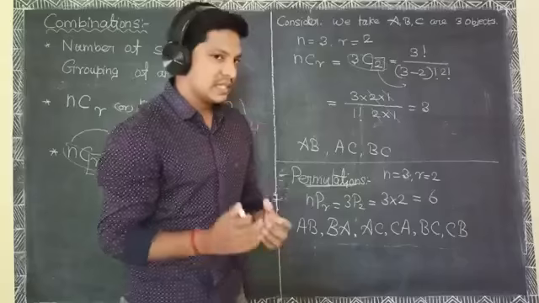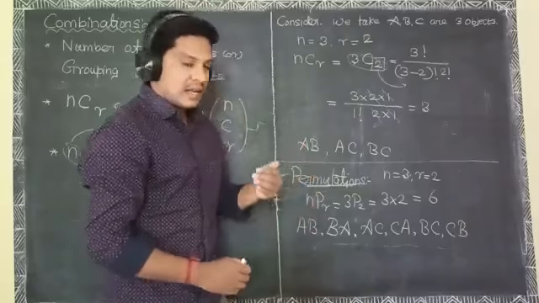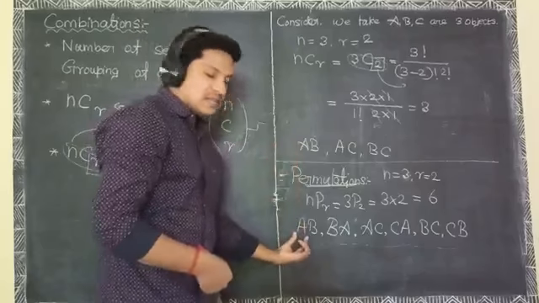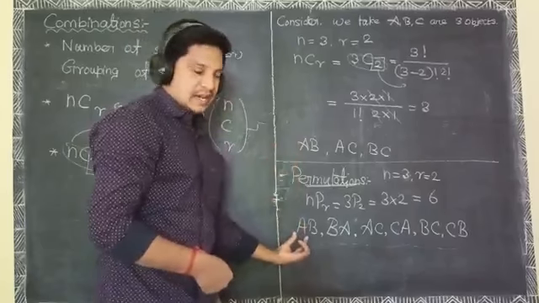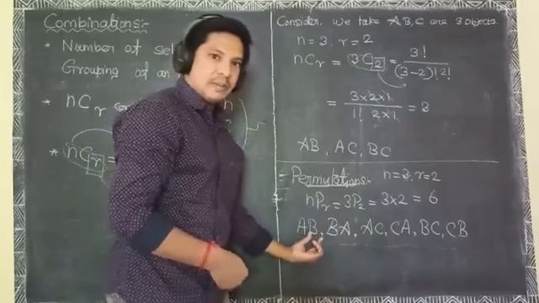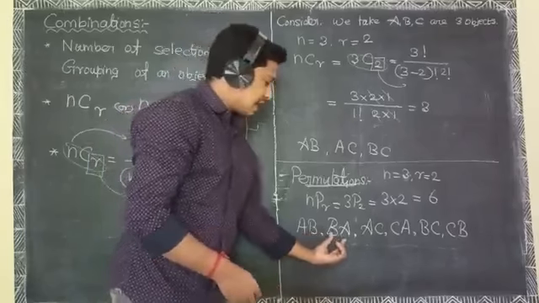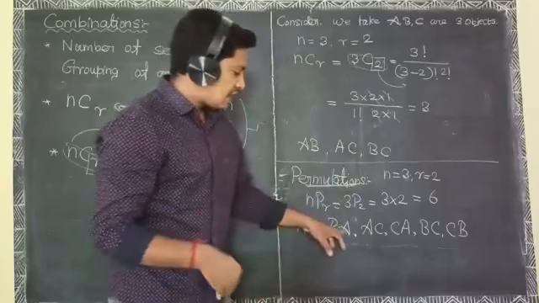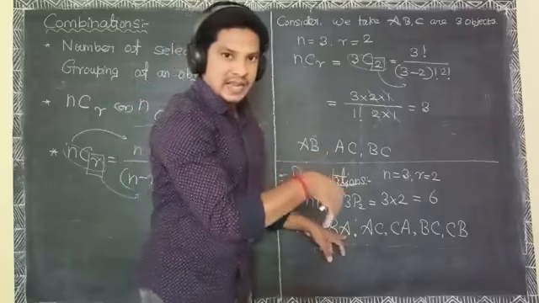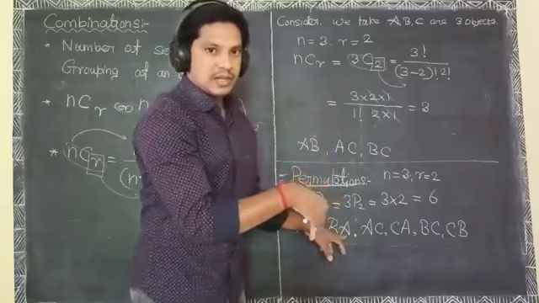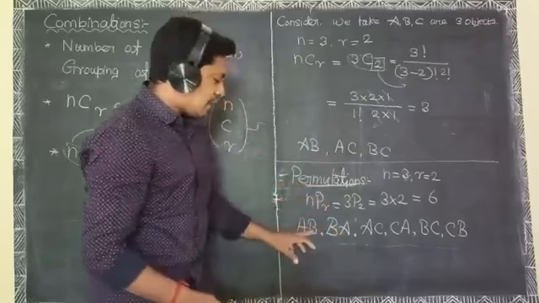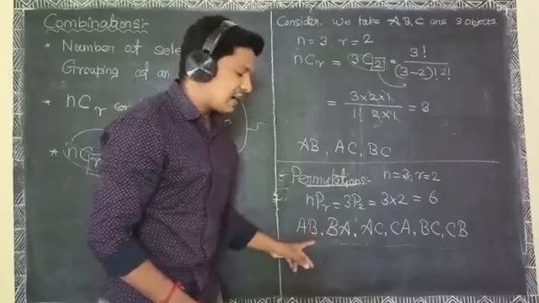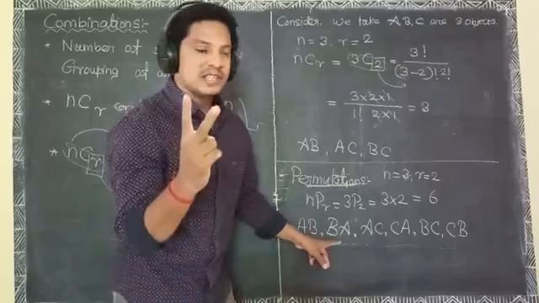Here A B means in the first place object A is placed and in the second place object B is placed. In the next one, in the first place object B is present and in the second place object A is present. Here A B is not equal to B A. Totally we get different ways.